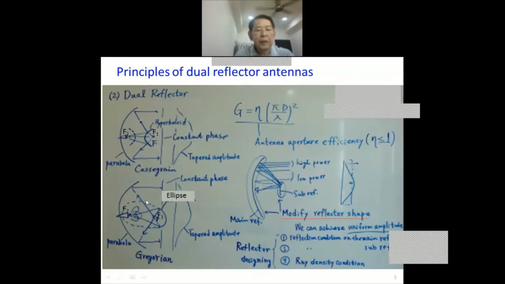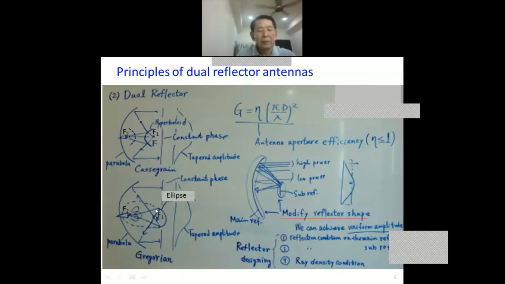An ellipse also has two foci, and the radio wave coming from this other focus, after reflection, comes here.